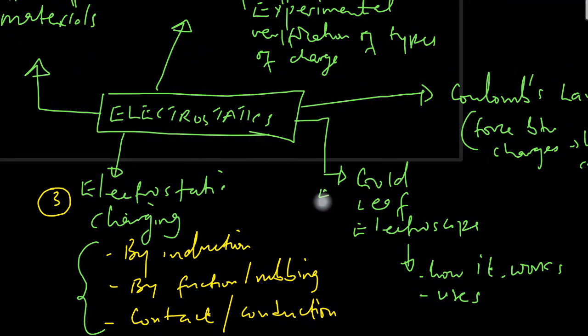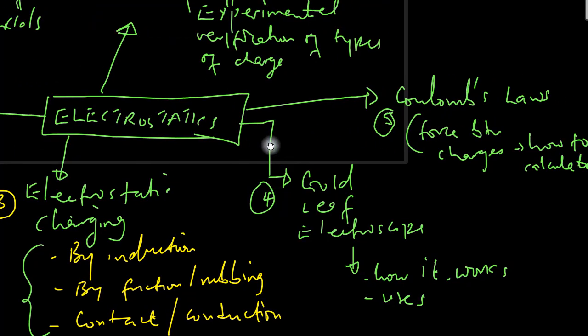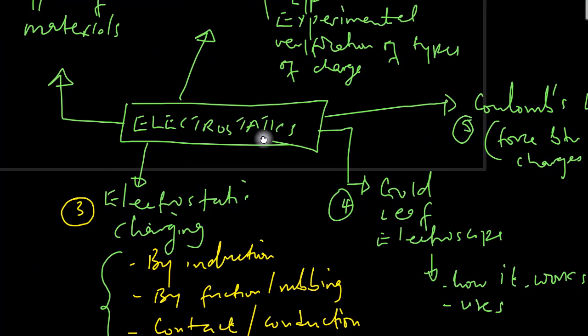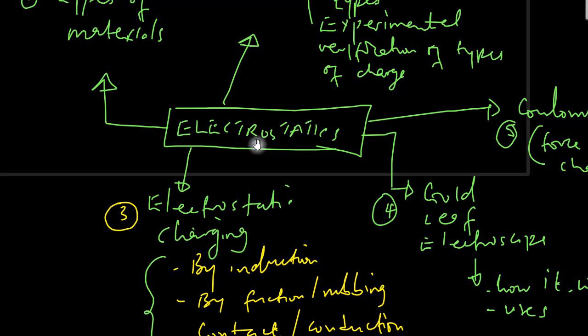Number 4 is the gold leaf electroscope, which is a very important device in electrostatics. And we'll conclude this first part by looking at Coulomb's law, which is a quantitative analysis of the force between electrostatic charges. From here, we'll move on to the second video where we'll be talking about electric fields. So thank you for watching.